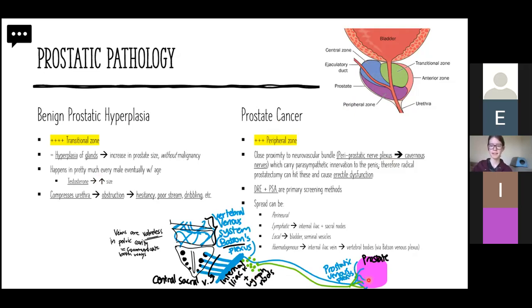The prostatic venous plexus will take it straight back into the internal iliac vein, and that goes through the sacral veins into the Batson plexus, or the vertebral venous system, and so you go basically straight to the bones of the back. That's why you get back pain with prostate cancer. And there are your answers.